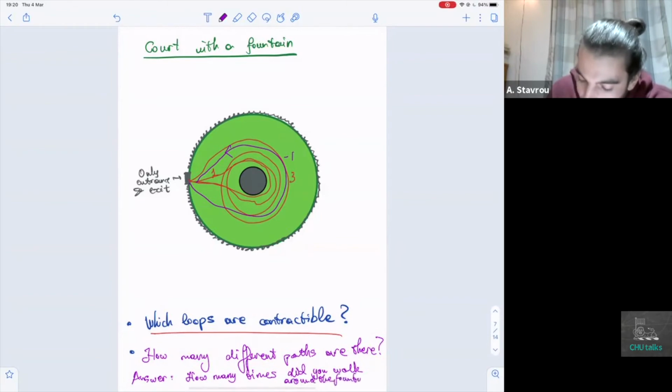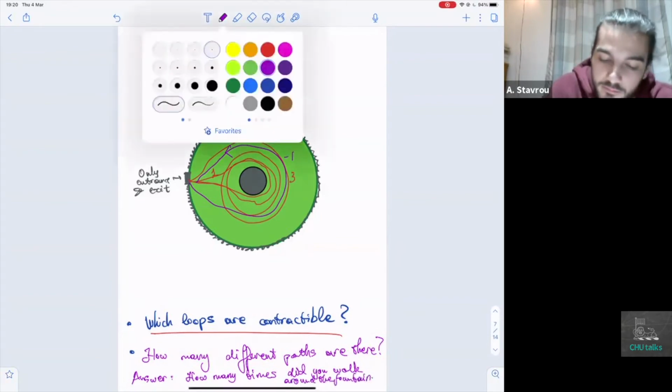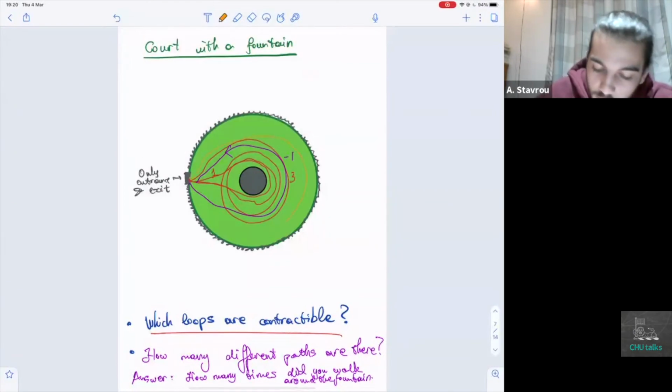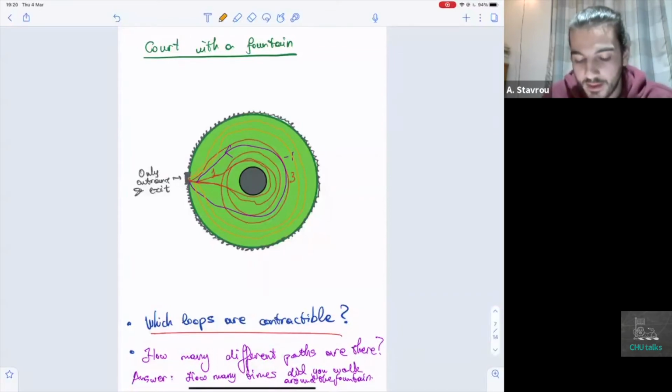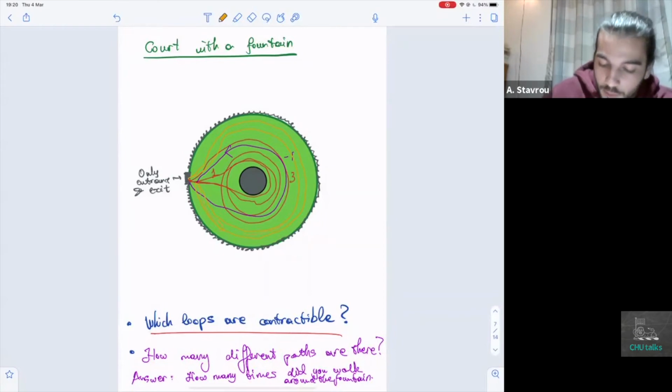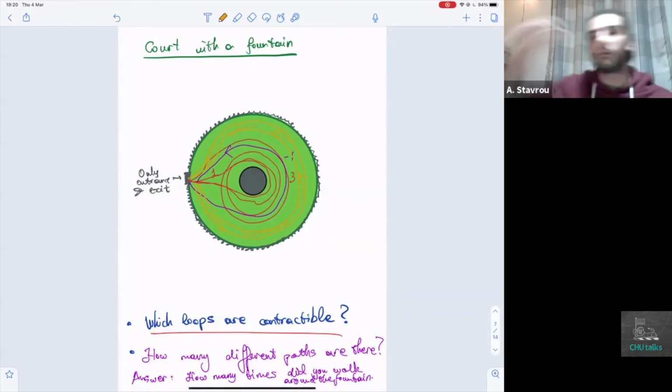And bear in mind that somebody could walk around once, come here, walk around once, but then just decide to go backwards all the way. That for me would count as walking once around and then minus once. That counts as 0 times for me. And if you walk around 0 times, then this loop can be contracted. If you pull this rope, it can go all the way back to the entrance.